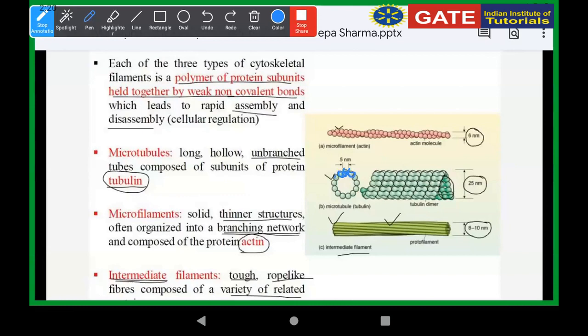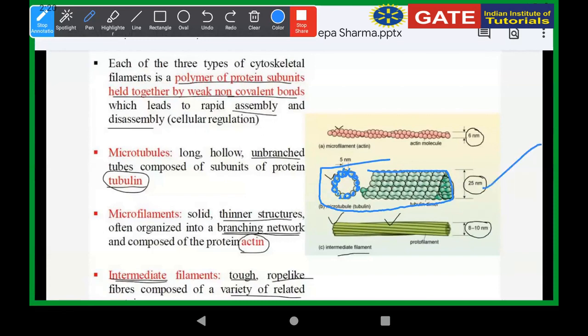Many tubulin proteins are joined together to form the tube-like structure, a hollow tube-like filament. So this is the microtubule filament, made up of tubulin protein. Clear everyone? Their diameter is 25 nanometers.